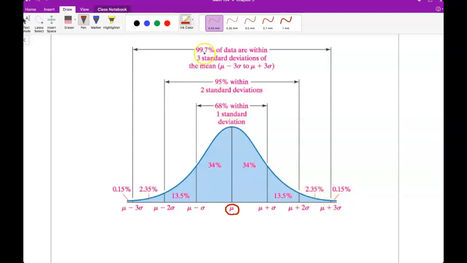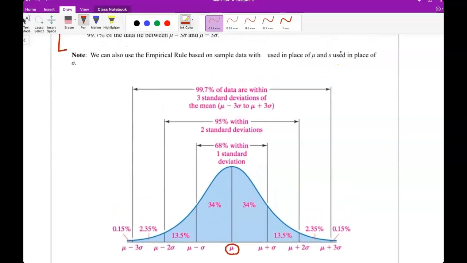So that is 99.7%. Where is that 0.3%? 0.15% is here on the left side, and the rest is on the right side, 0.15%. So adding these two, 0.15% plus 0.15% is 0.30%, plus that one, 99.7%. In total, you're going to have 100%.